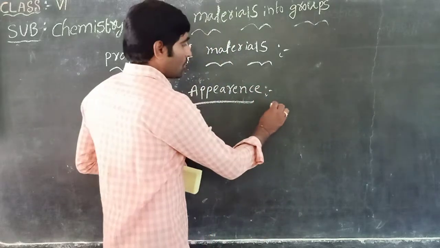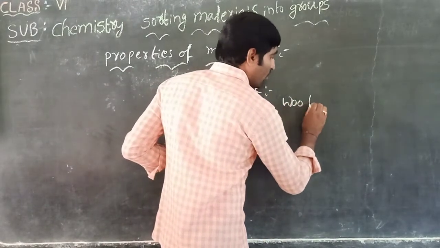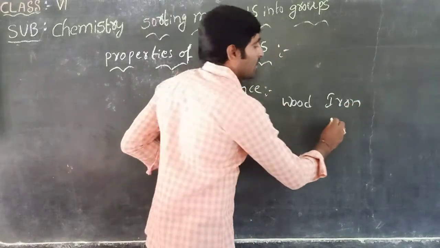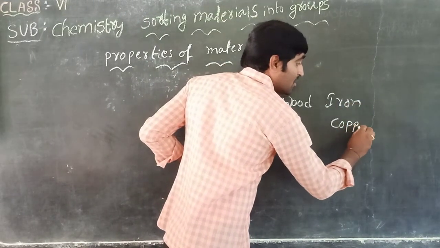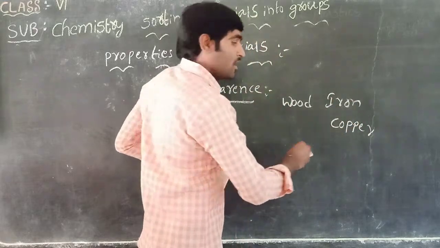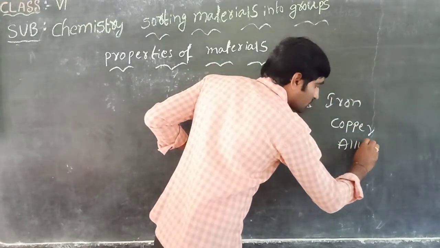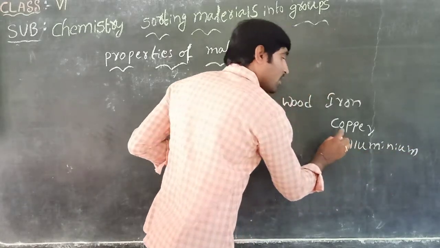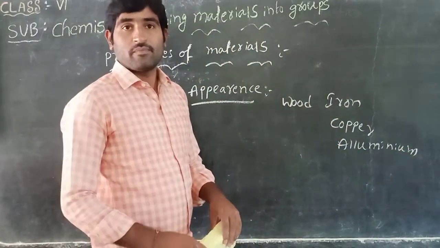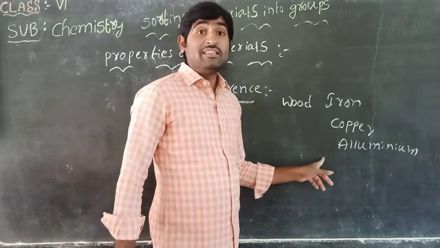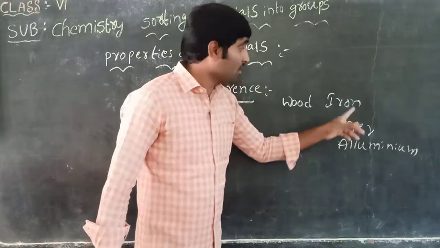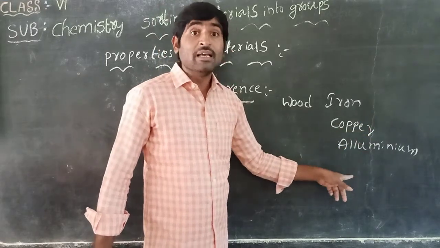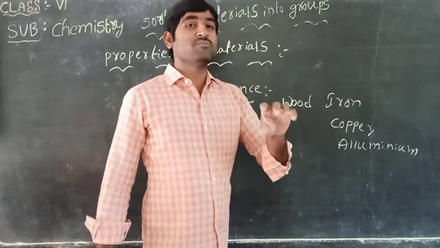Wood and iron are not the same. Take copper. Copper is different from iron. Take aluminium. Aluminium is different from copper and iron. But there are similarities between iron, copper and aluminium. Appearance is not the same, but in the remaining properties they have some similarities.